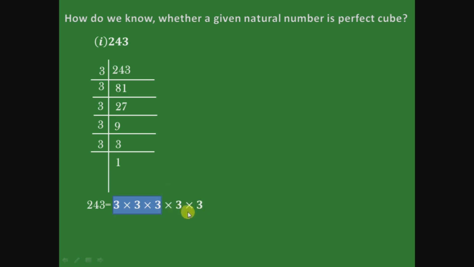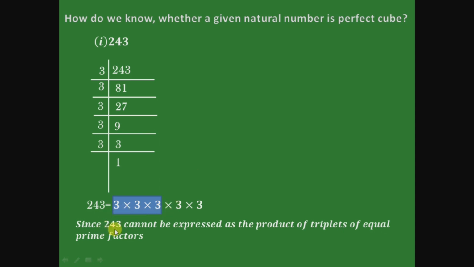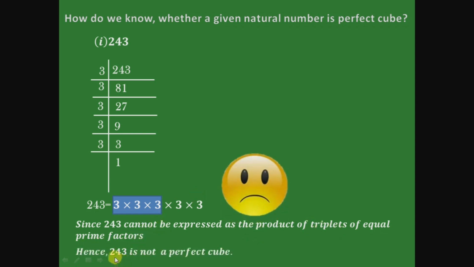So this is not a cube. Since 243 cannot be expressed as the product of triplets of equal prime factors, 243 is not a perfect cube.